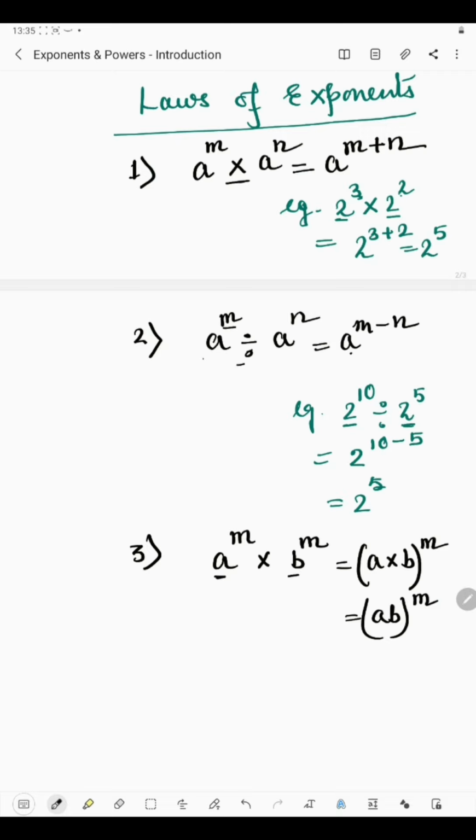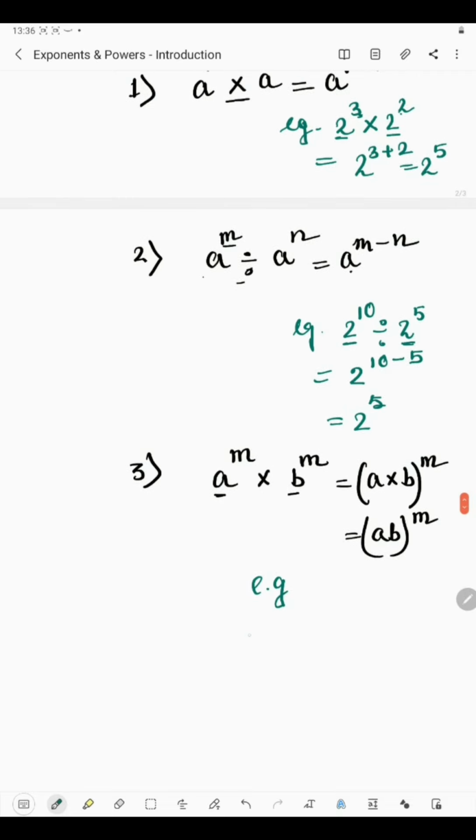Now suppose 5 to the power 2 and here say 3 to the power 2. Now here power is same, base is different, so we will multiply the base, as in between multiply sign is there. So we can write 5 into 3 according to the law.